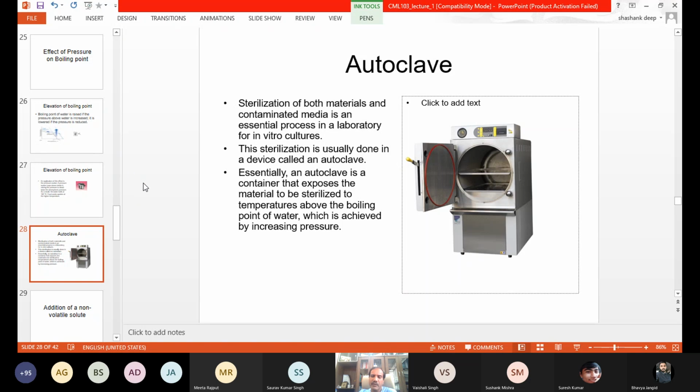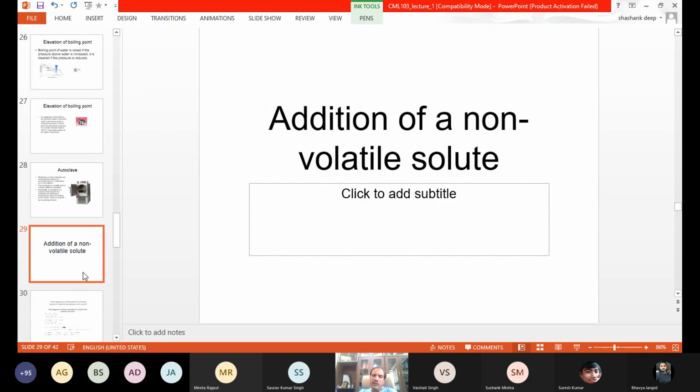Okay, same way, you can go and look at the effect of temperature on vapor pressure. Now I will discuss another way in which you can affect delta G or G of a reactant or delta G of a process, and that is addition of a non-volatile solute.